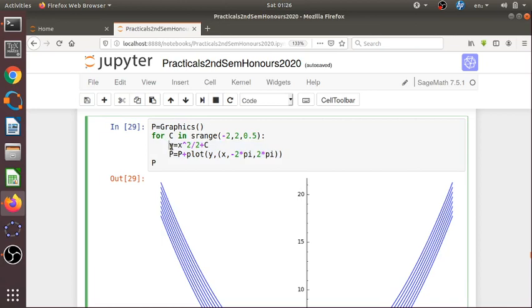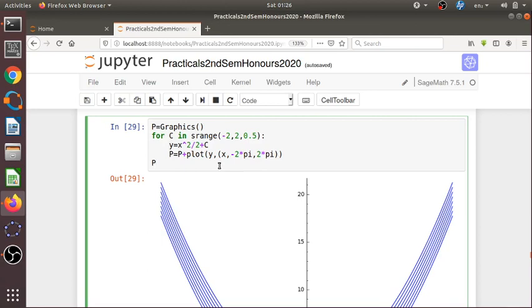Then it will increase the value of c by 0.5, so it will go to c equal to minus 1.5, and again compute y equal to x square by 2 minus 1.5, and plot that curve also. It will keep on plotting the curves till the value of c reaches 2. So this is the work of the loop.